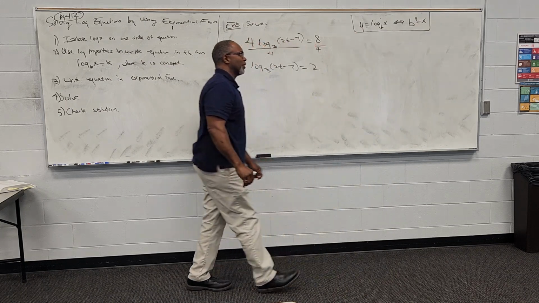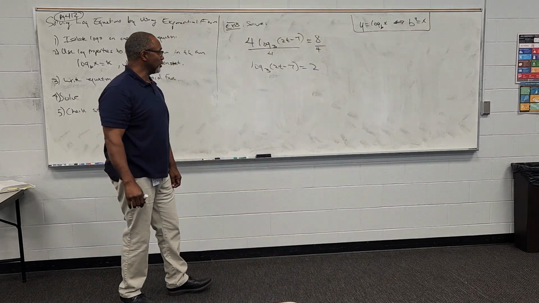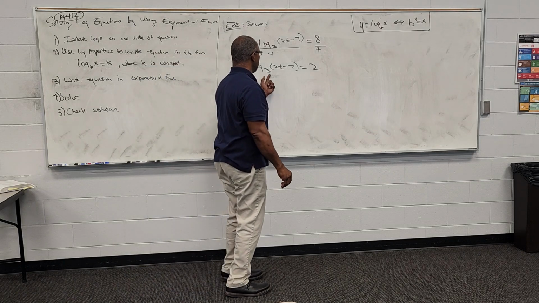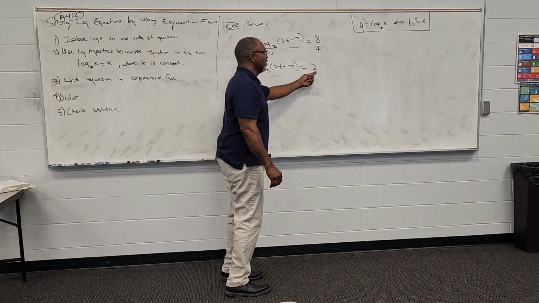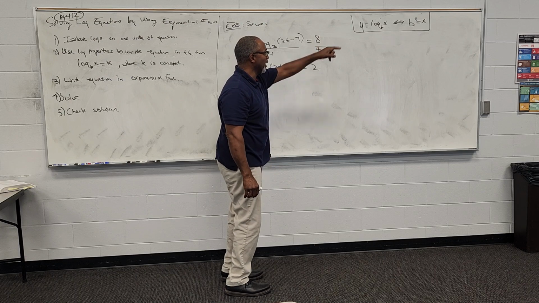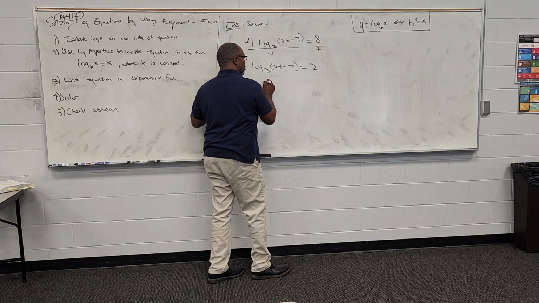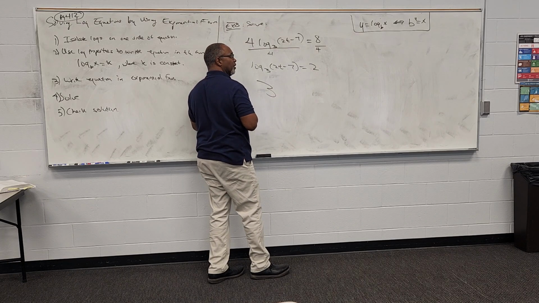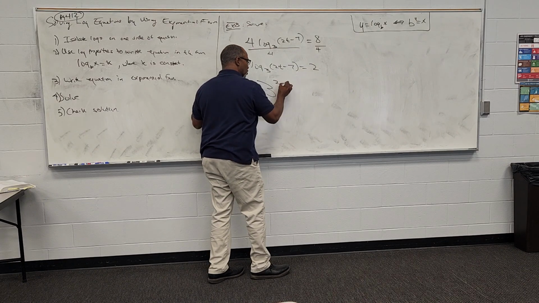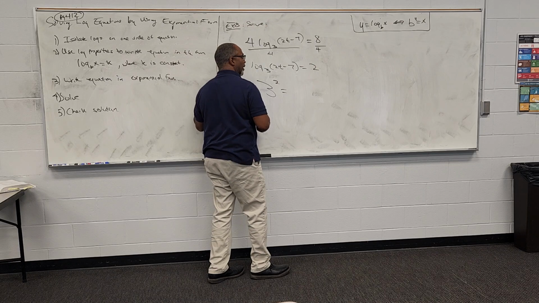When we first started talking about these logs, we said that that was my equivalent. So log to the base b of x equals y. This is log form. I want to rewrite it in exponential form. So my base b to the y power is equal to x.